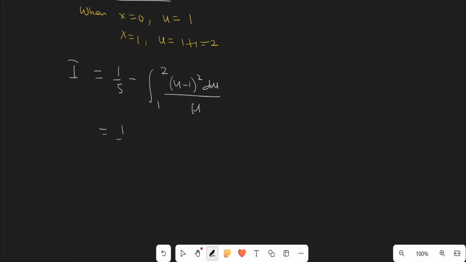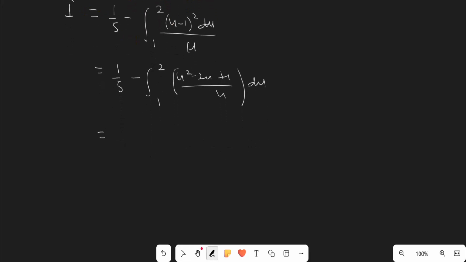So this is 1/5 minus the integral from 1 to 2 of, foiling that on top, u squared minus 2u plus 1 all over u, du. And that is equal to 1/5 minus the integral from 1 to 2 of u minus 2 plus 1 over u, du.